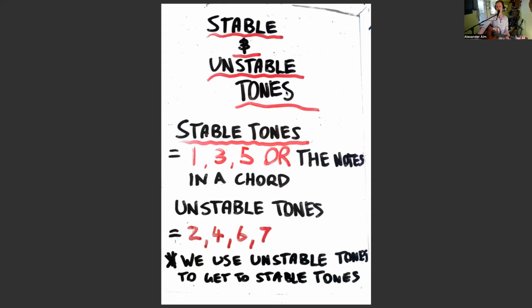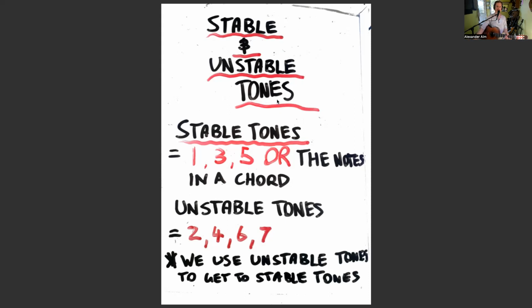When we're creating stories with our music, we're creating tension or friction, and then moving towards release and peace and stability. We're going home. So you could think of an unstable tone as the journey to get home, which is the stable tone, okay?